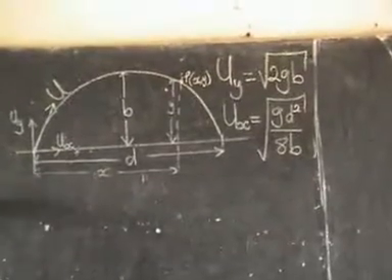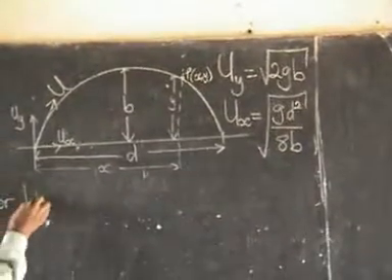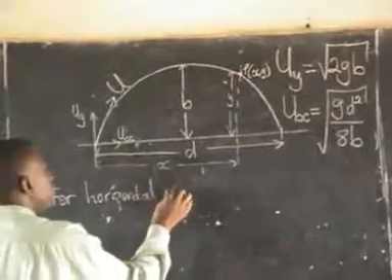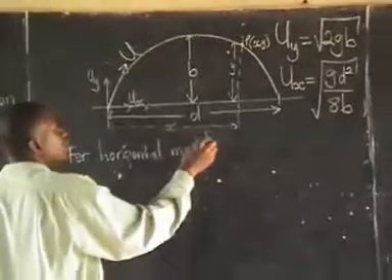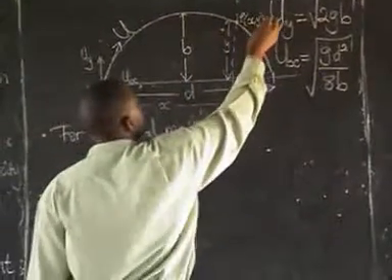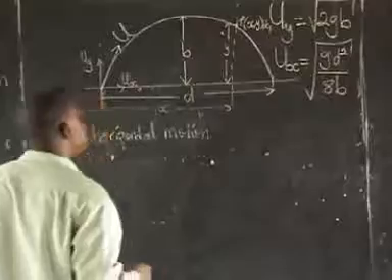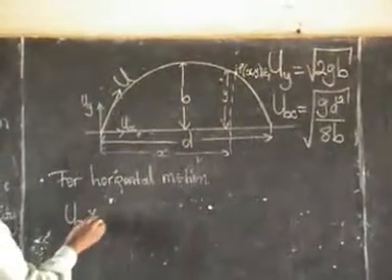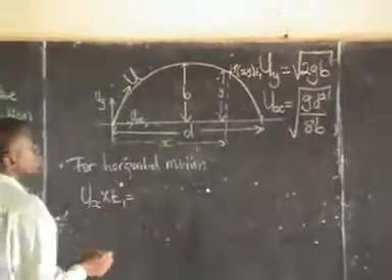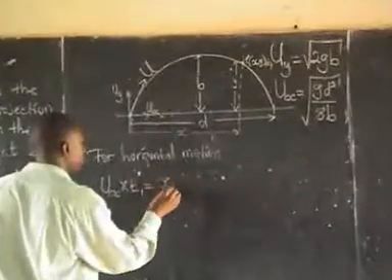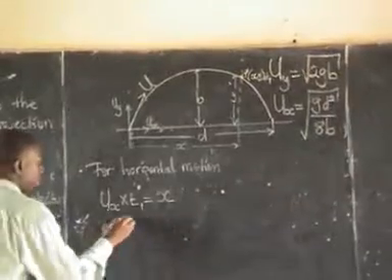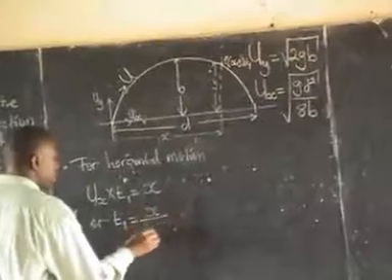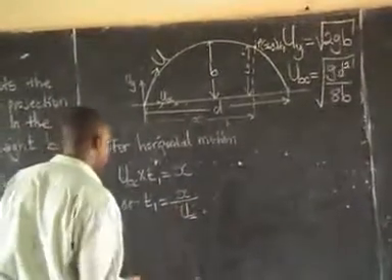Now, for horizontal motion, if the time taken is t1, we shall have our Ux times t1 is equal to x, or t1, the time taken, is equal to x divided by Ux.